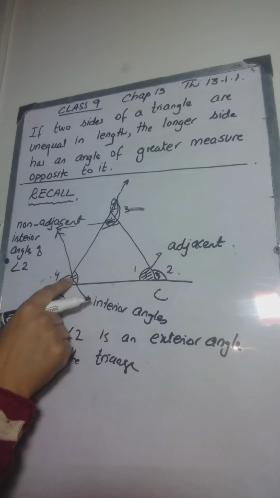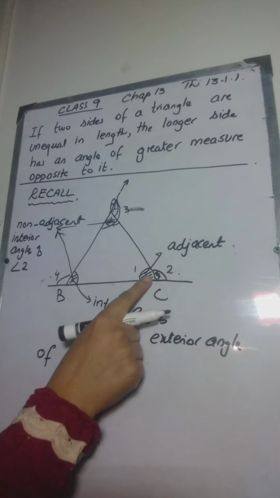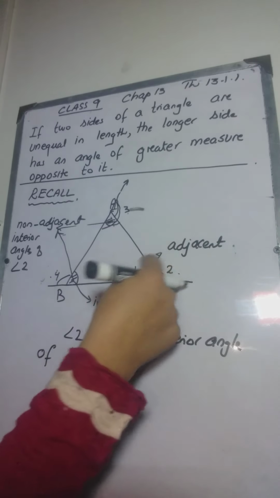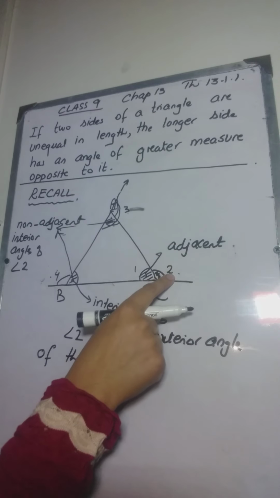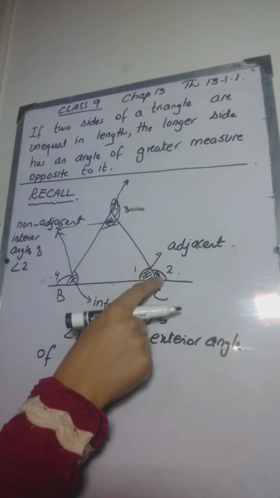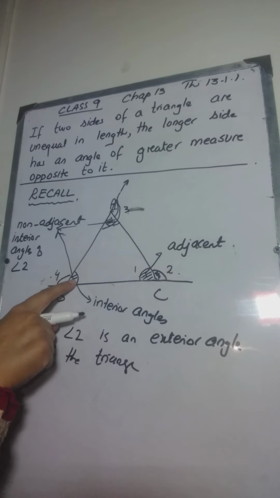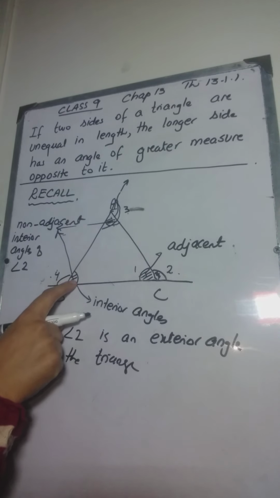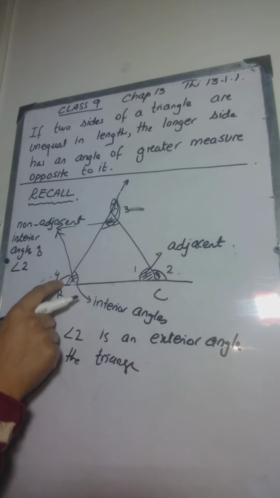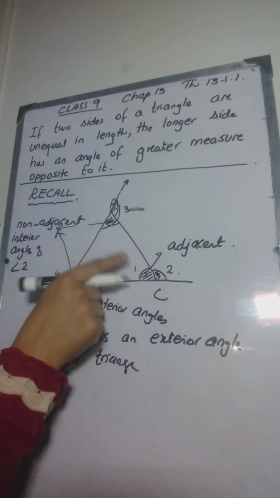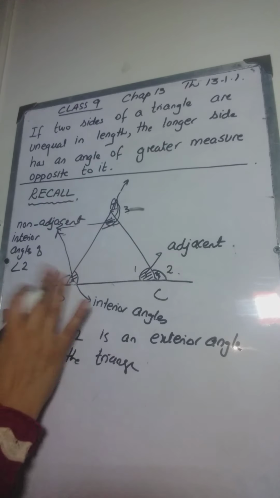The ones which are not joined are called non-adjacent, and the one which is joined is called the adjacent angle of this exterior angle. For example, if I take angle 4, this interior angle will be the adjacent interior angle of angle 4, and these two will be the non-adjacent angles for 4, because these two are away from 4, they are not joined with 4.